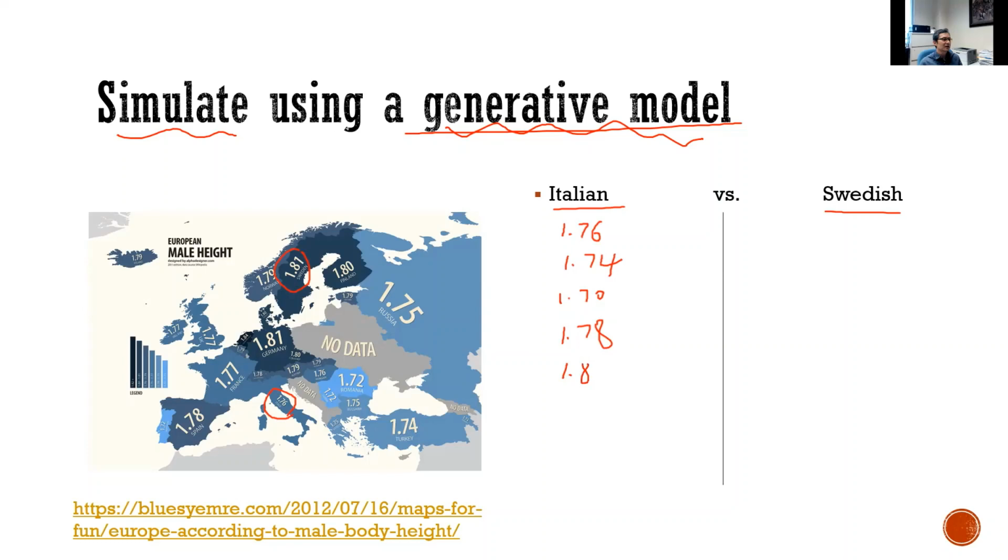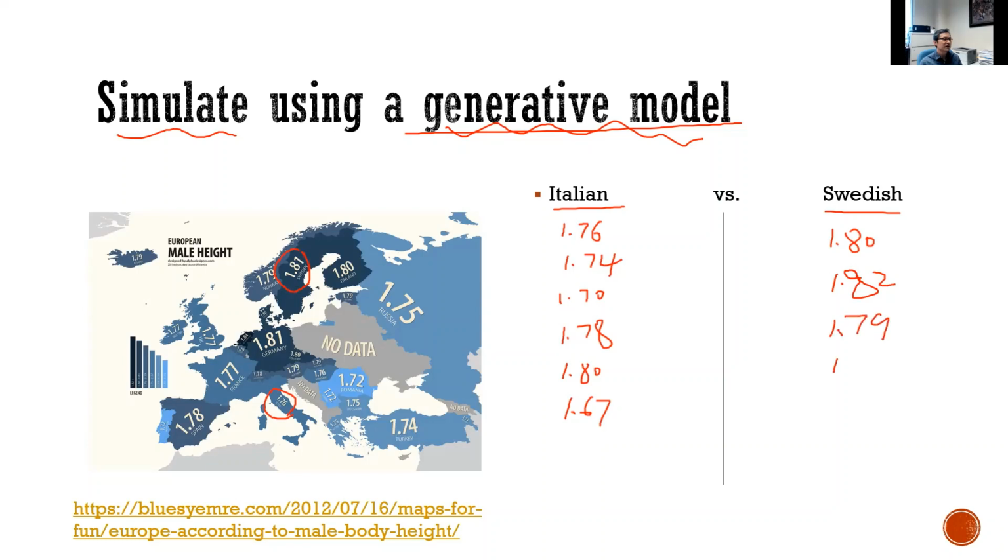Sometimes I have higher values. To generate the data, I'm going to use the parameters in my model.